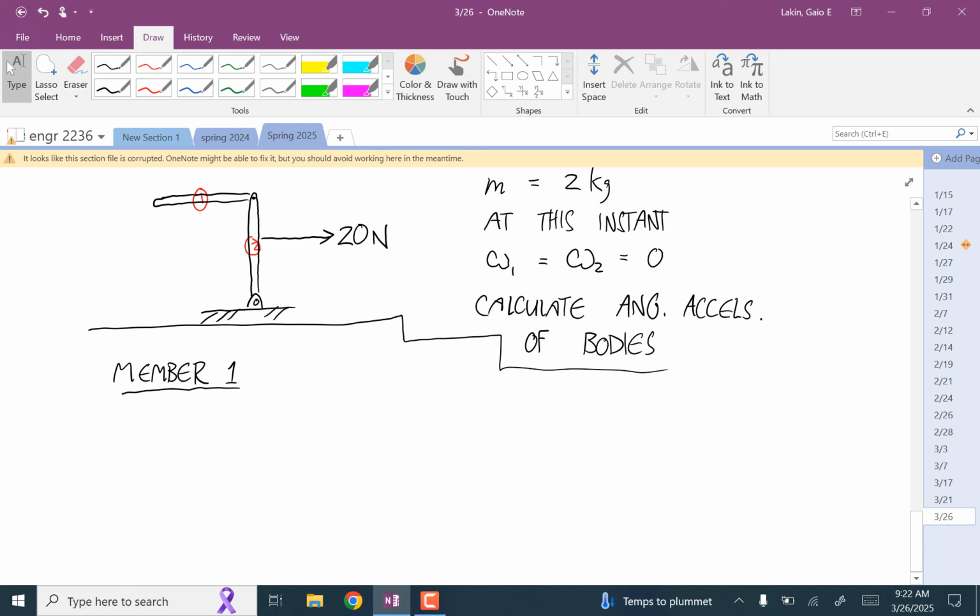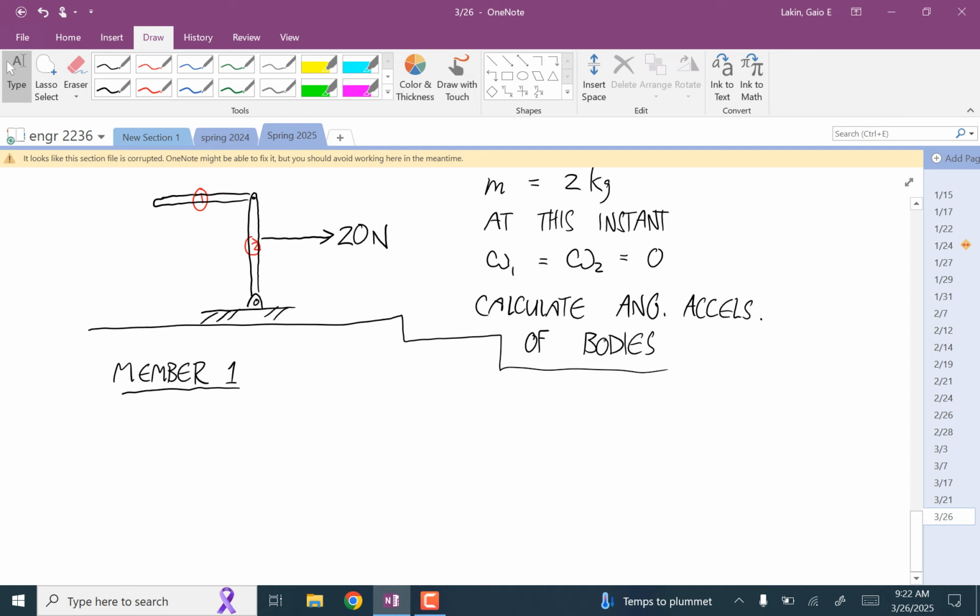Does member 1 have a fixed point? Yes. It's fixed to another body, but it's not fixed to the ground. Okay, the question you have to ask yourself is, as this linkage moves all the ways it can move, is that point on that body going to stay fixed compared to the ground? You see what I mean? This thing can move, this thing can move, that point can move all over the place.